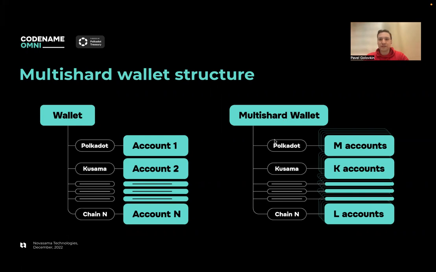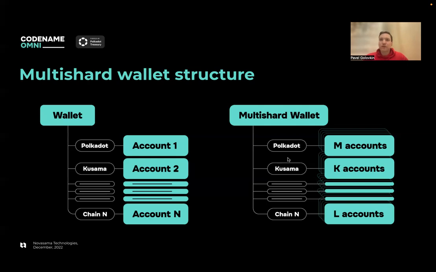The difference here is that for any supported chain, you can have as many accounts as you want. For example, 3 accounts for Polkadot, 5 accounts for Kusama, and for example, 10 for any chain. And you control it under a single wallet, not like different wallets. All these accounts or shards are accumulated under a single wallet.